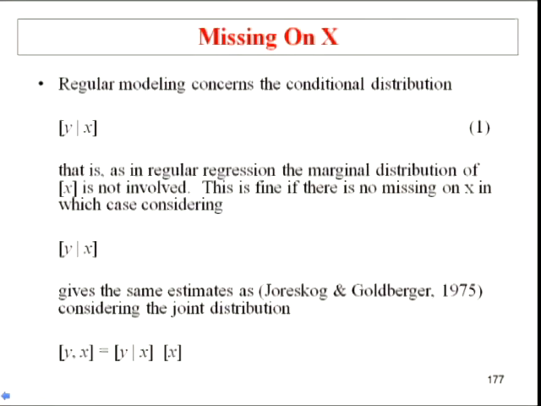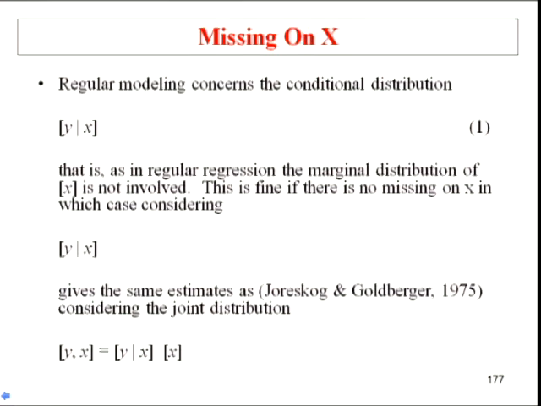Now, the regular modeling that we look at concerns Y given X, the distribution for Y given X. Like in regression modeling, we're not interested in the modeling of the covariates. We just let them be freely correlated. So the marginal distribution of X is not involved. We don't assume anything about it. We don't have to assume normality, for instance.